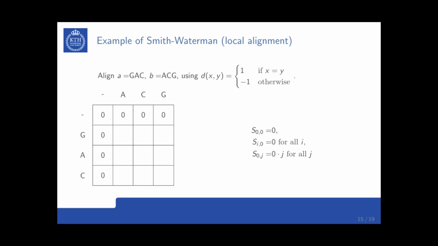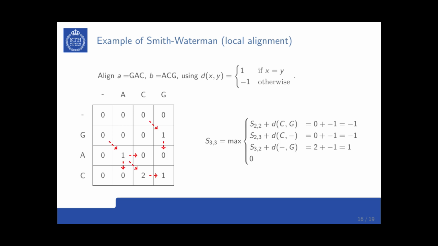We can as well start to fill this in, and I will not walk through all the details of this and leave that for an exercise for you. However, I will just stay on the calculation of the last element here. In this case, we want to calculate S33, and there are 4 different ways to reach this position.